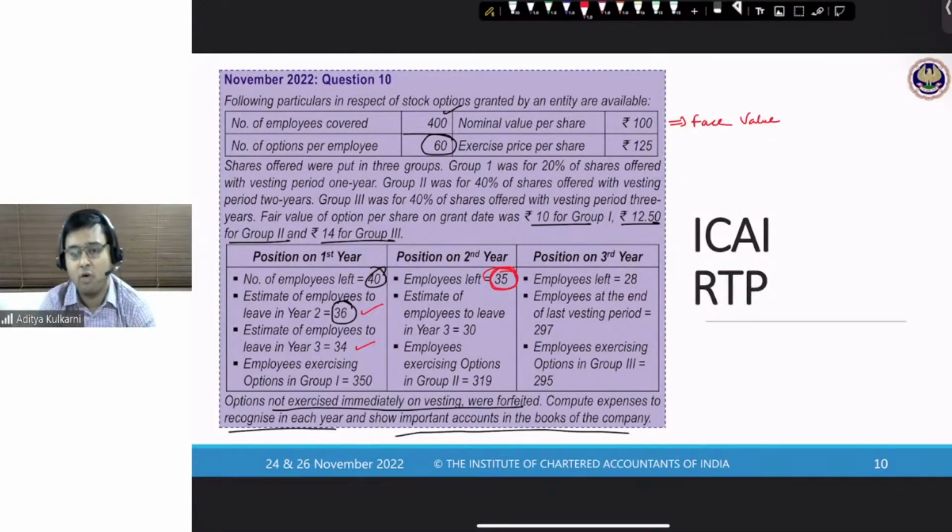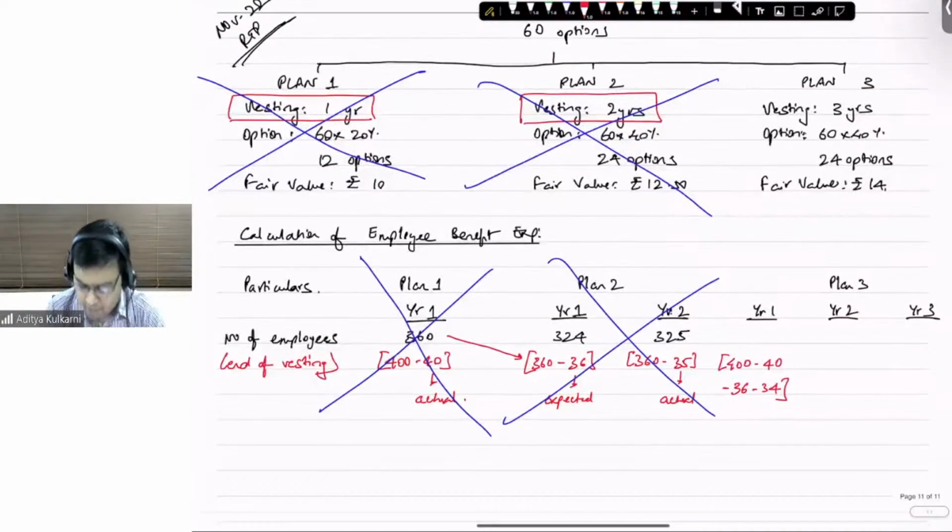How many will go in year 2? How many will leave in year 3? So it is going to be 400 minus 40 actual minus 36 year 2 estimate minus 34 year 3 estimate. Absolutely right. Okay. So I hope you got that, Manini. So 400 minus 40 minus 36 minus 34.